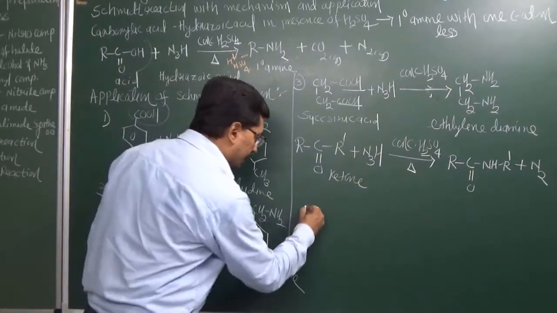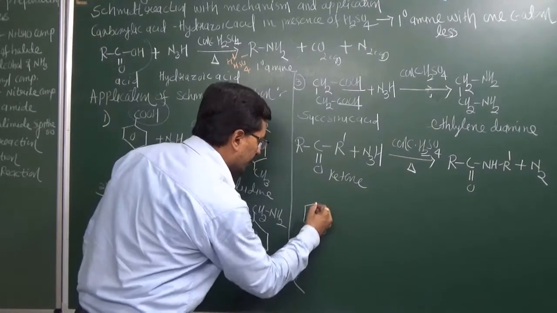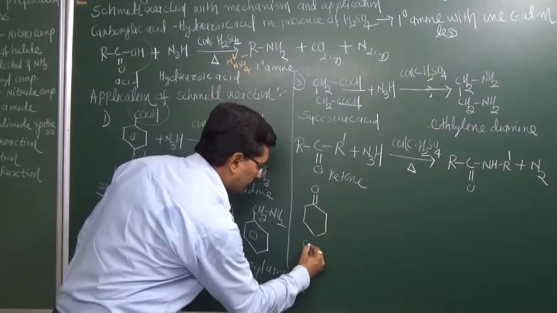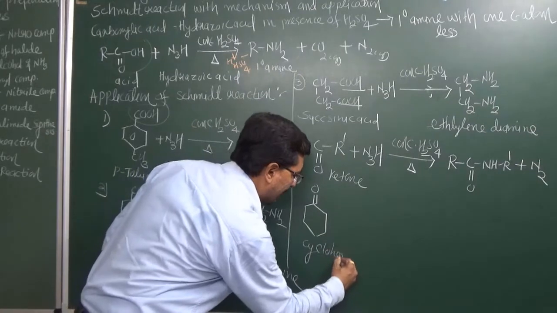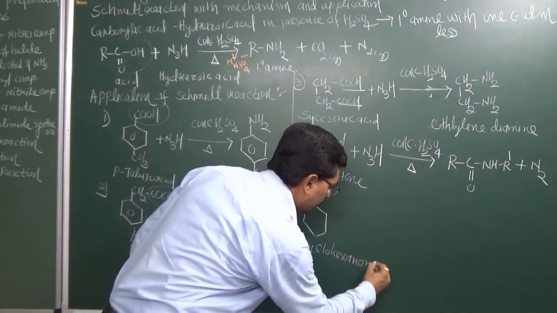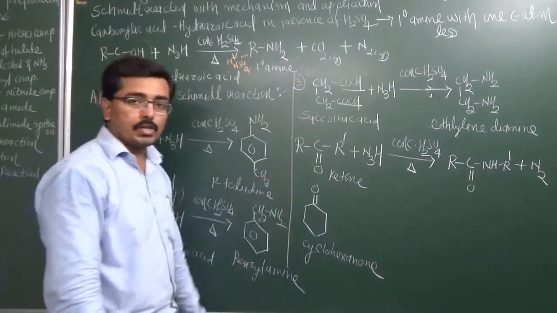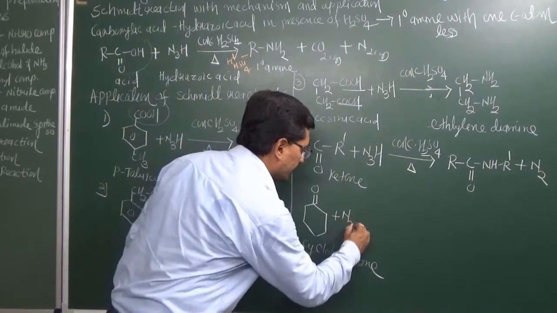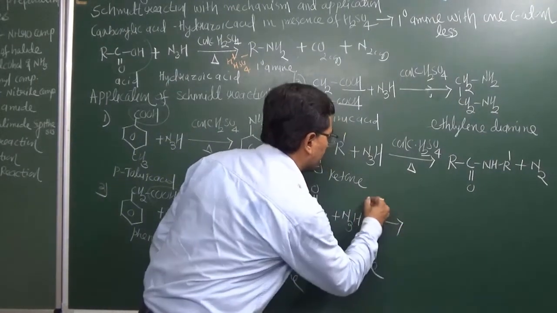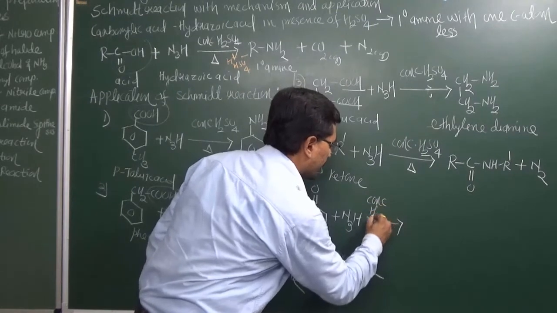For example, we have taken this structure, a ring with oxygen. It is cyclohexanone. Now this cyclohexanone, same reaction condition, N3H, hydrazoic acid in the presence of concentrated sulfuric acid.